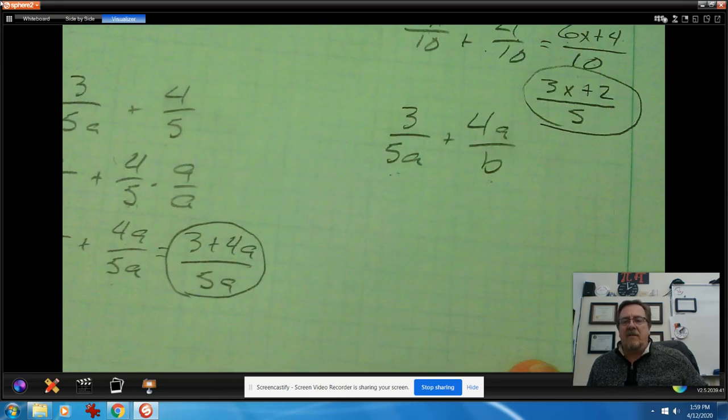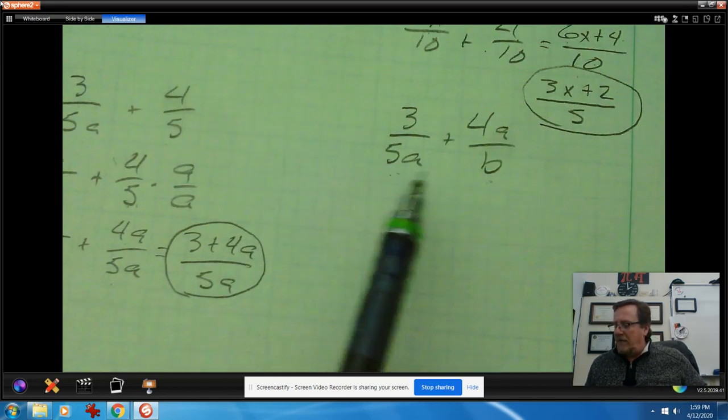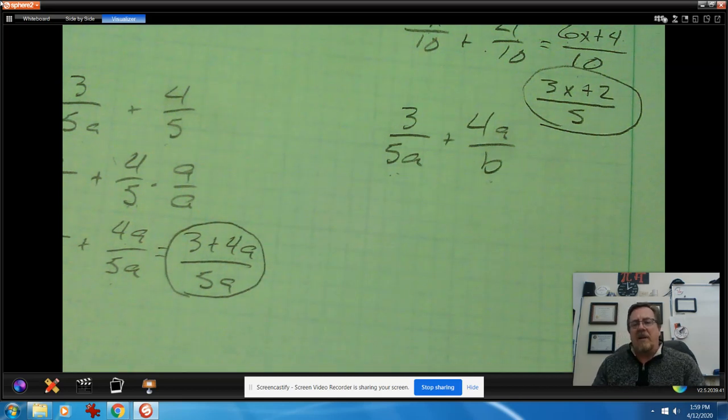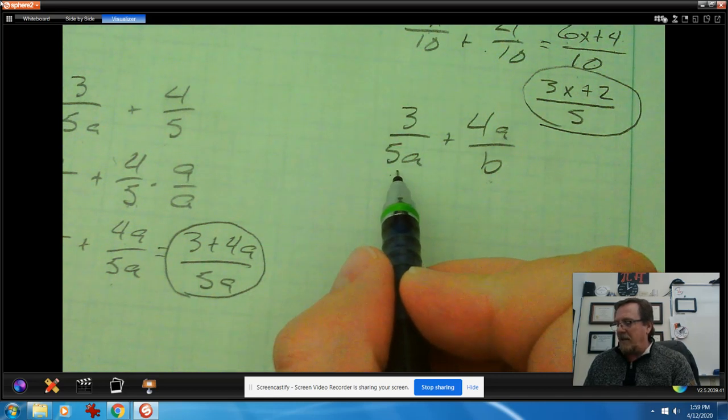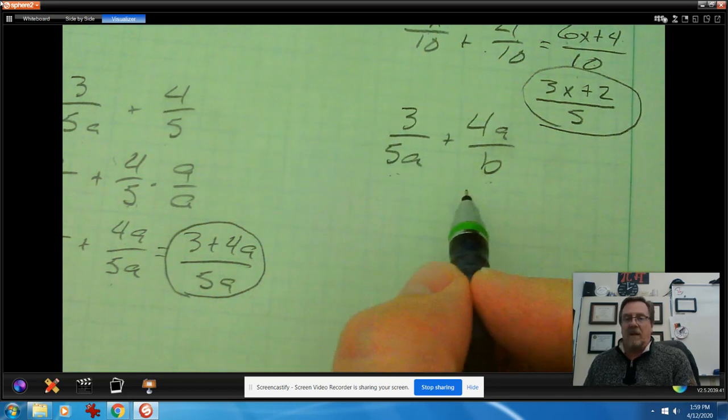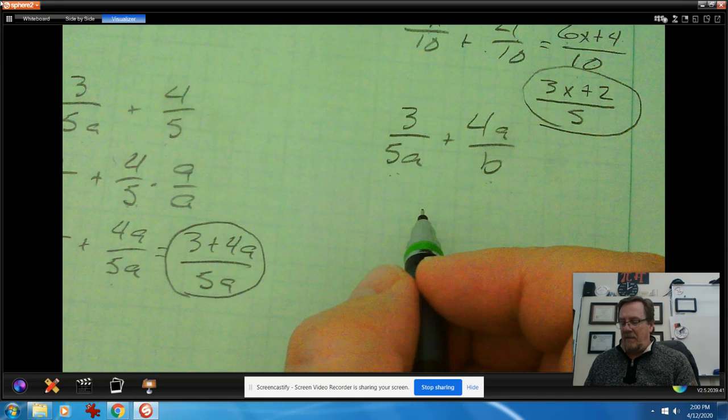But when I look at this one, I have a 5a and then I have a b, and so they don't seem to have anything that's kind of the same. So that means I'm really going to have to multiply both of those terms by something. So what would the common denominator be here? Well, I'm thinking I just have to have 5 times a times b for my denominator.